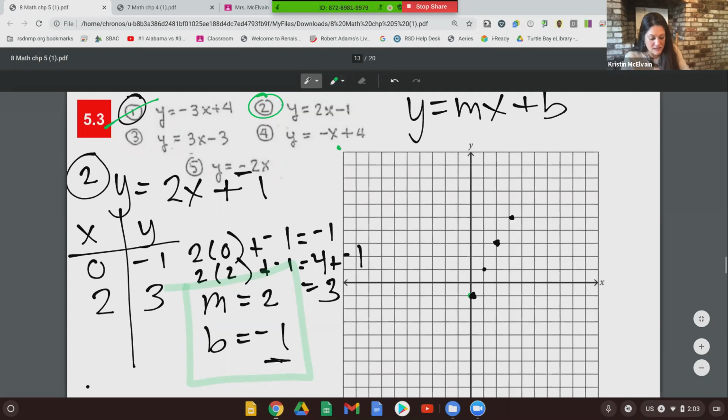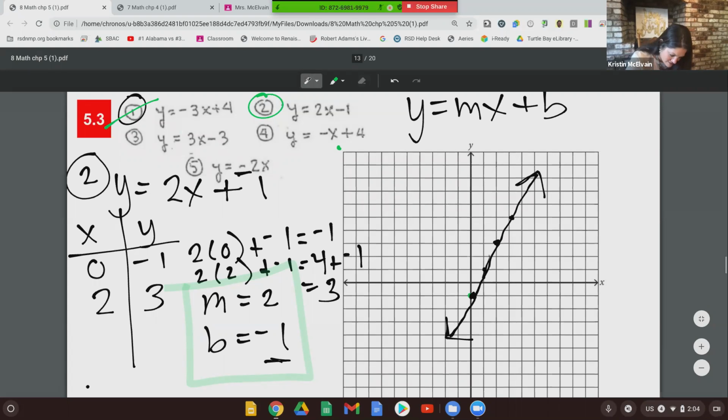Let's see if I can get it straight on here. Let's see if I can just freehand it better than that. Pretty good. All right, there's my line.